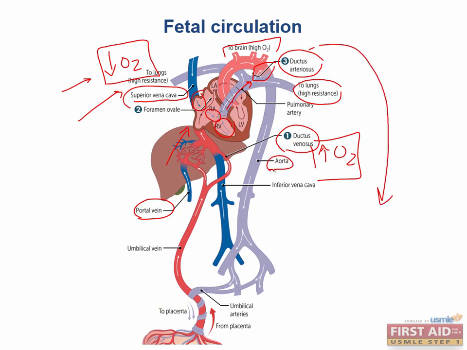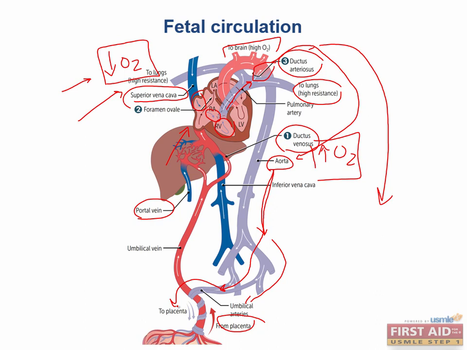When it's in the aorta, it can now be returned back to the umbilical arteries to the placenta. So again, let's review. The shunt is to take this low oxygen blood from the superior vena cava, pass the great vessels into the ductus, into the aorta, all the way down into the umbilical arteries, and then we go to the placenta to get more oxygen.